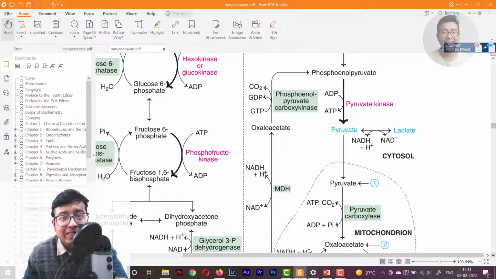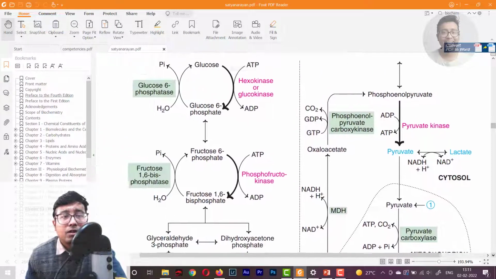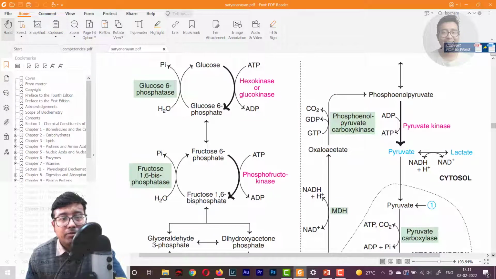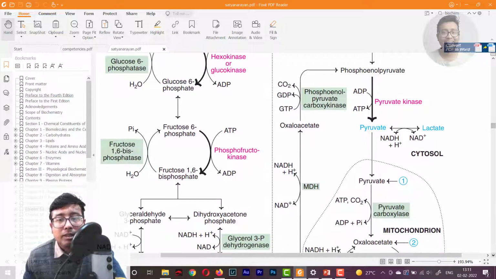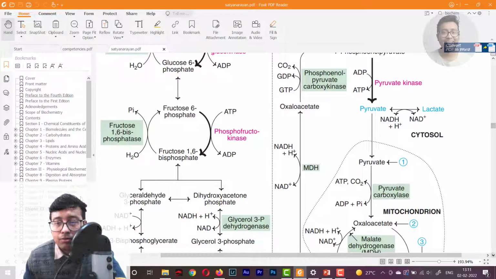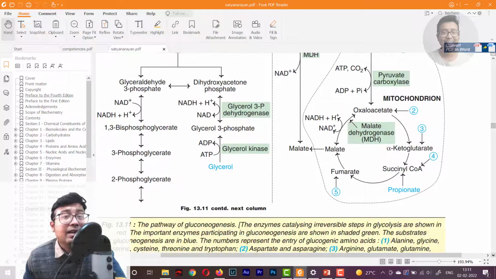So we need glucose 6-phosphatase to reverse the first step, fructose 1,6-bisphosphatase to reverse the PFK1 step, and we need 2 enzymes, pyruvate carboxylase and PEPCK, to reverse the pyruvate kinase step. These are the irreversible enzymes of gluconeogenesis.